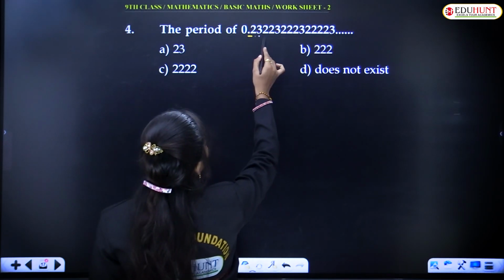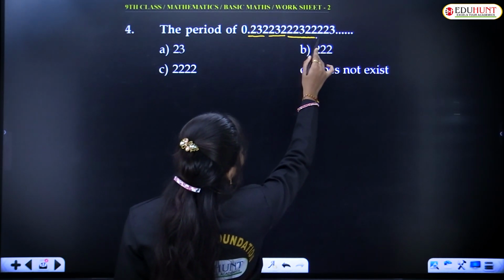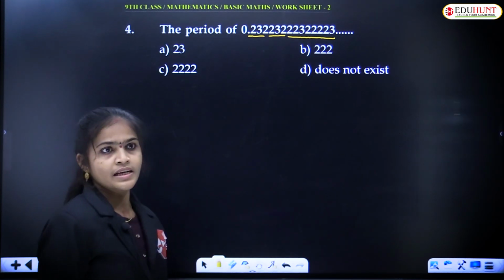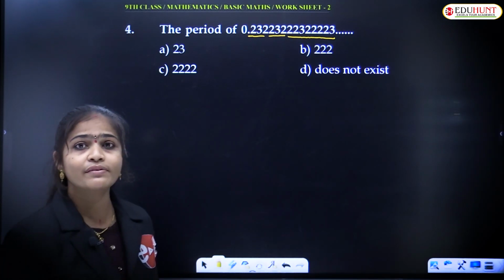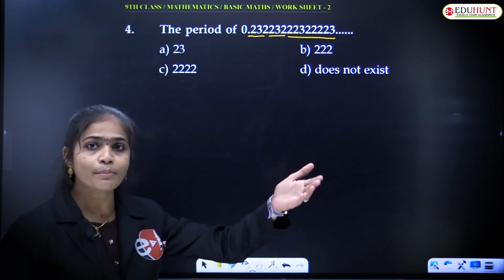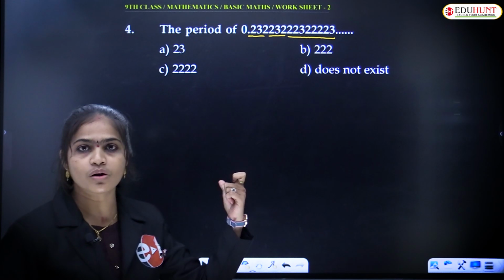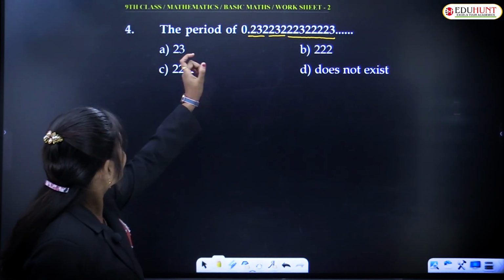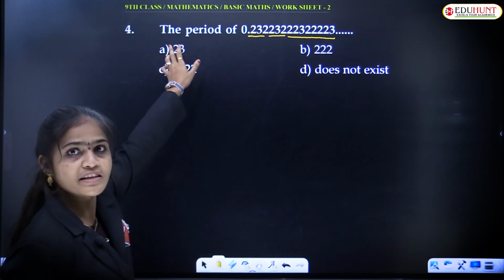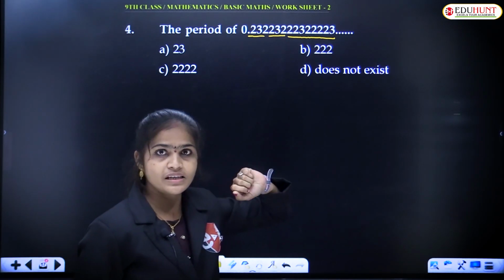The period of 0.232, 2232, 22232 and so on. Just observe that period means after the decimal point, which number is in repetition; that is called the period, we discussed. Is there any repetition here?